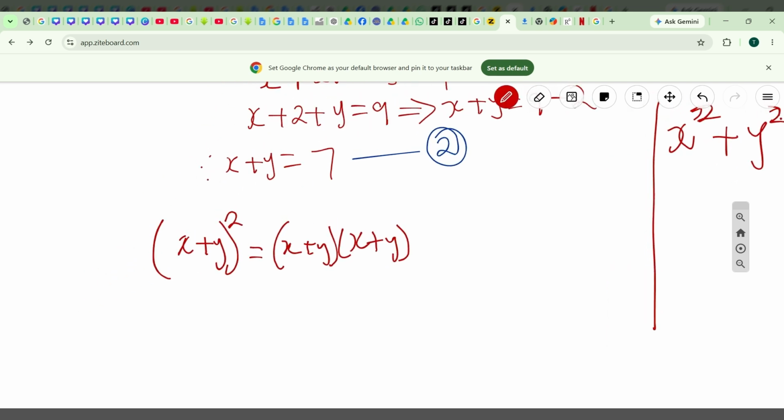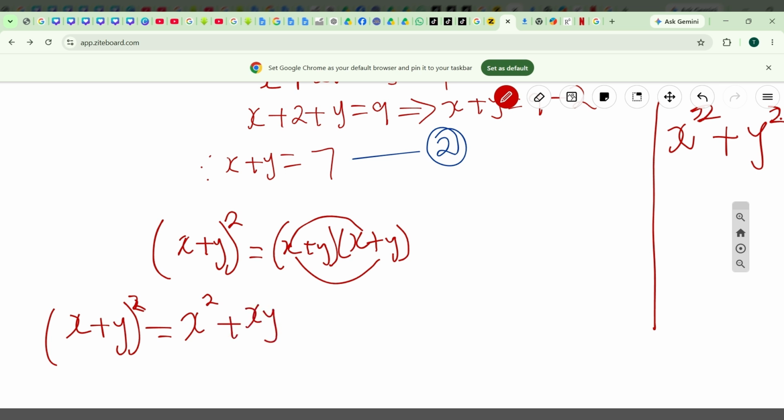And what does that mean? It means we're going to multiply through all of these. So x plus y all squared is equal to x multiplied by x, x squared. x multiplied by y is positive xy. y multiplied by x is positive xy. y multiplied by y is y squared.